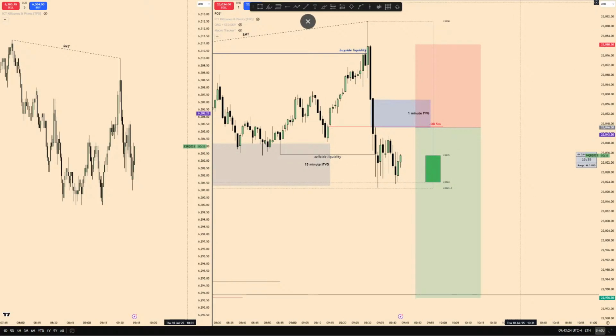I'm in actually decent size, but I'm basically pre-firing the 15-minute breaker. Stops at the breaker high for now. I'll look to trim once internal is presented, but maybe not. We'll see.